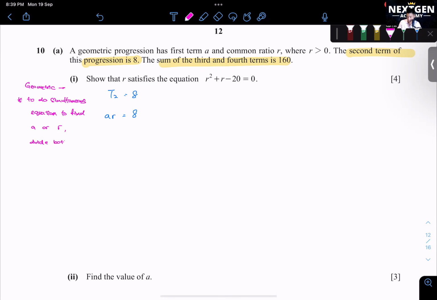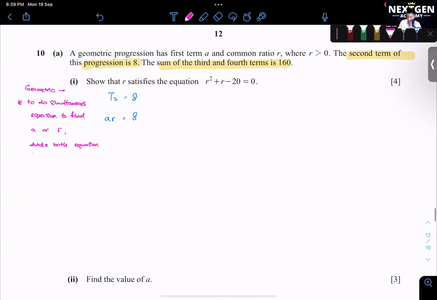You don't do your elimination or your substitution. This is normally the nature of the geometric progression kind of equation.